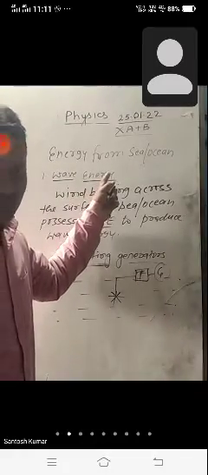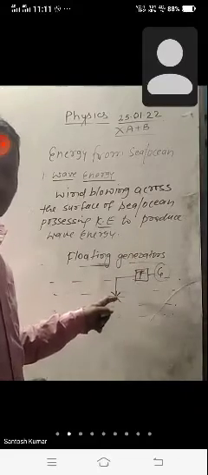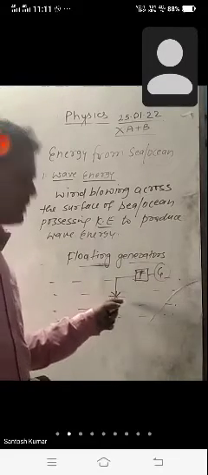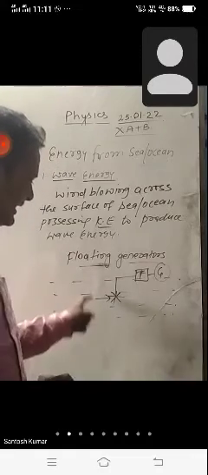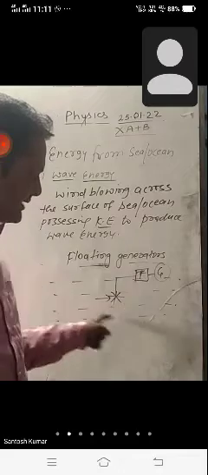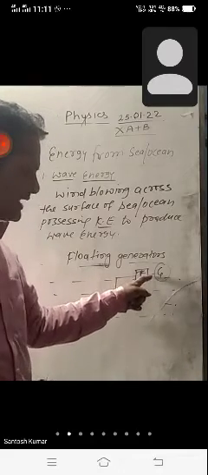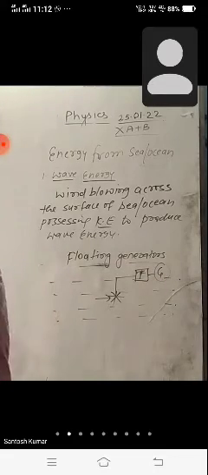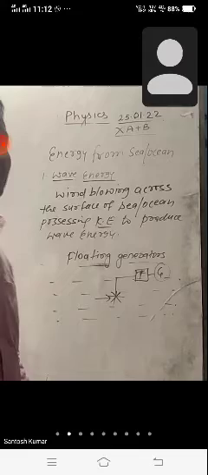Take care. Floating generators, this is the wheel, sometimes also known as a turbine. So this will rotate by the movement of the wave energy, which is further connected to a shaft or rod to move the generator. And when the generator rotates, what will happen? Electricity will be produced.